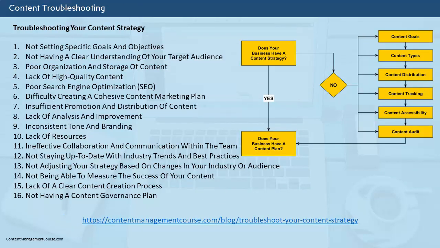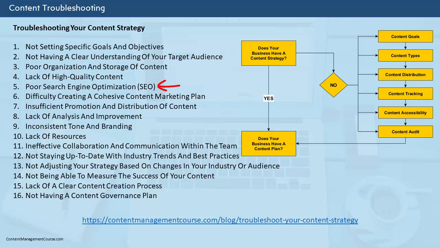So let's look at some of the key areas to assess and review when troubleshooting our content strategy. I've listed here a number of areas that can lead to content issues when certain things aren't addressed at the content strategy level. You will notice that many of these areas will also show up at the managerial level, i.e. the content plan, but for different reasons.